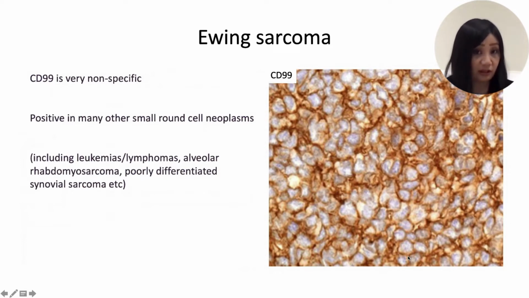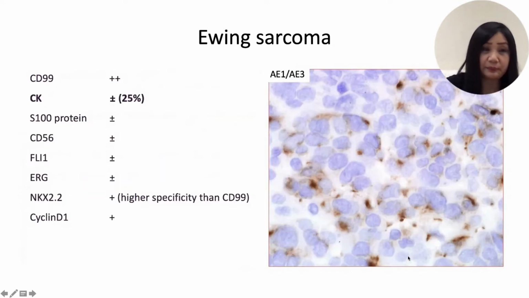It should always be used in the context of a complete panel. It's also expressed in various leukemias and lymphomas, alveolar rhabdo, and as we know, poorly differentiated synovial sarcoma. But we just remember that this particular pattern of staining, diffuse and strong, essentially block positivity, strong membranous expression.